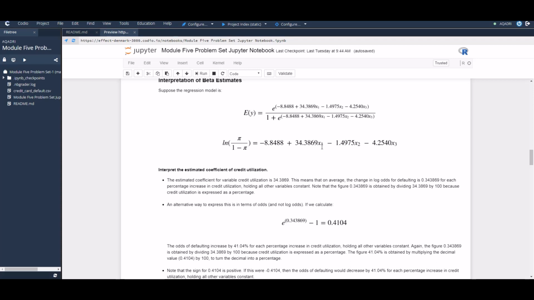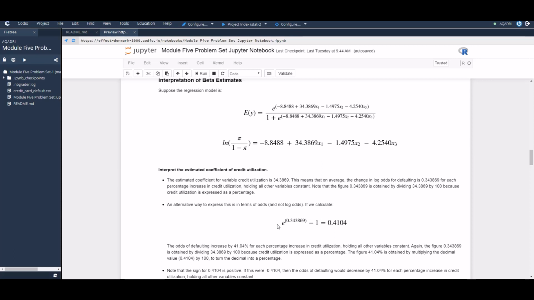Now, there's another way you can express this, because we don't want to deal with log of odds. We may want to express this in terms of just the odds. And to do that, you can calculate the exponent of 0.343869 minus 1.